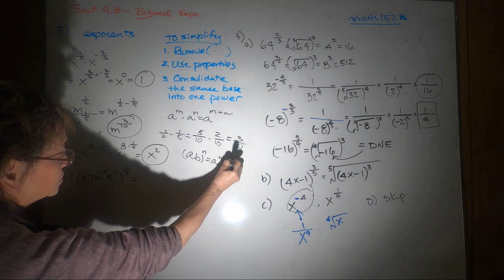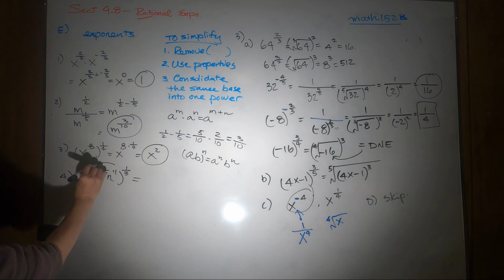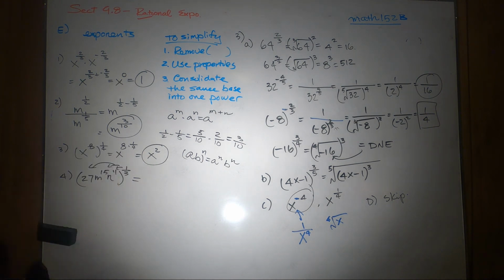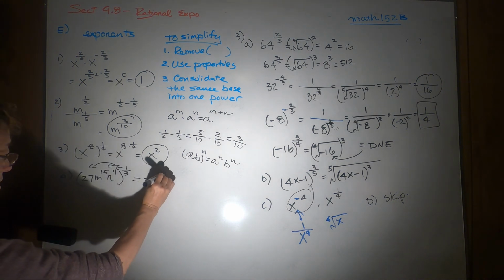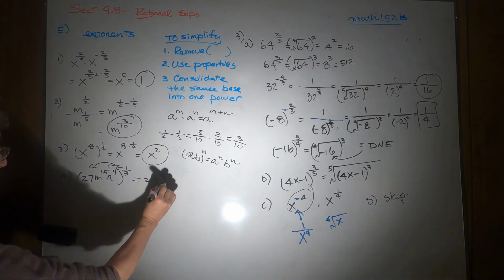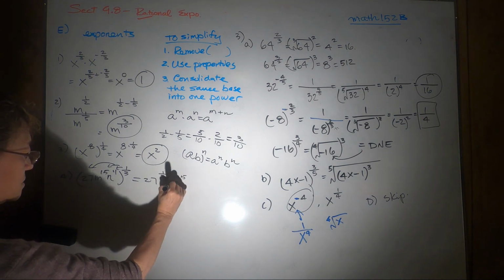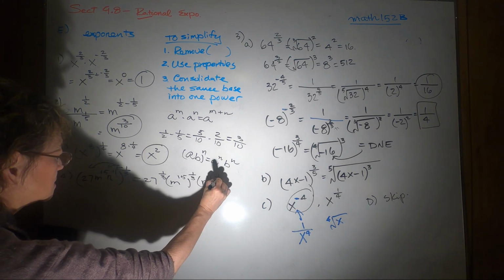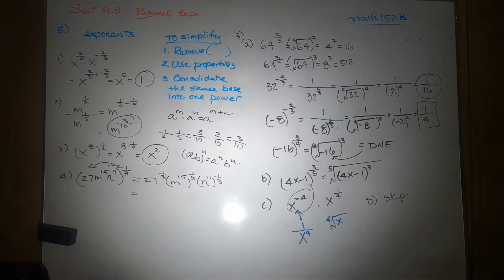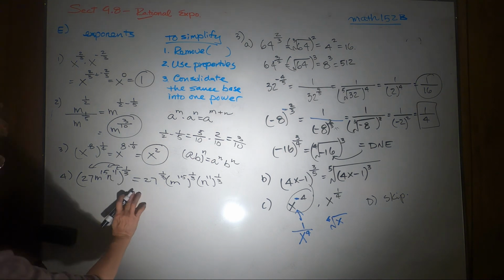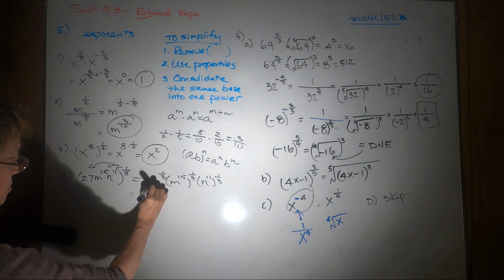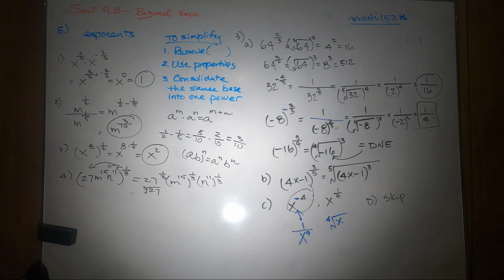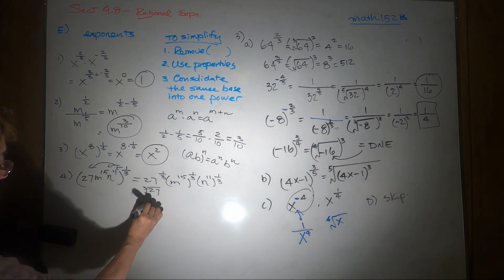You distribute your power to each one. So you have 27 to the 1/3 power, and n^15 to the 1/3, and n^11 to the 1/3. 27 to the 1/3 is the cube root of 27, which would be 3.